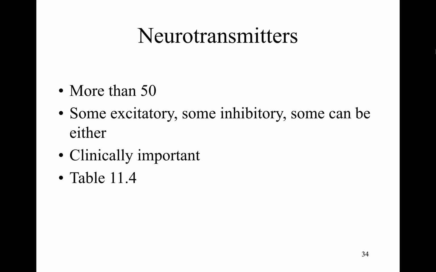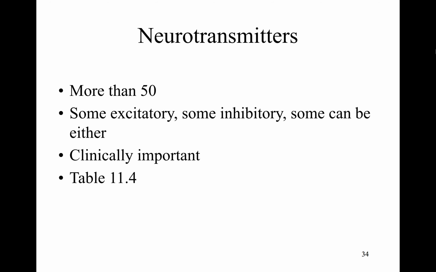Neurotransmitters could be excitatory, inhibitory, or either, depending on the tissue. If a neurotransmitter is excitatory, it's bringing that postsynaptic neuron closer to threshold, so that postsynaptic neuron is being depolarized. If that neurotransmitter is inhibitory, it's bringing that postsynaptic neuron farther away from threshold.